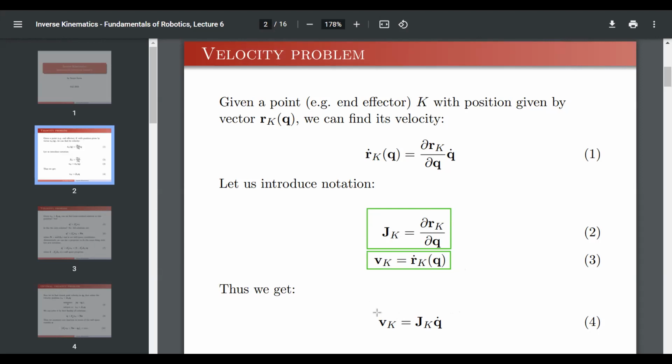So the same expression here becomes this: v, the velocity, is equal to the Jacobian times joint velocities. Let me just spend a minute reminding you, this is Cartesian velocity. This is joint velocity. This is the Jacobian, okay?